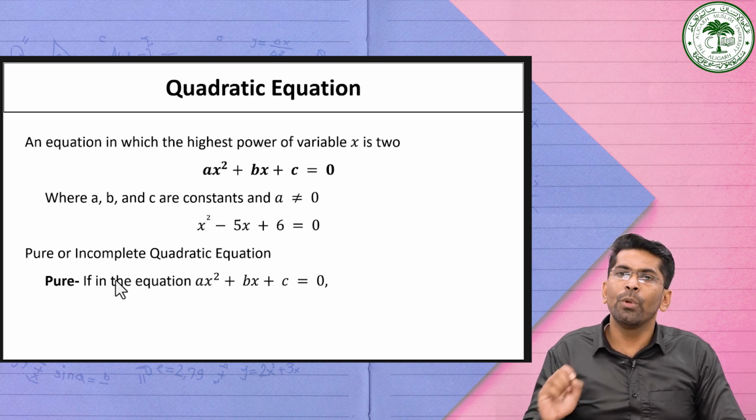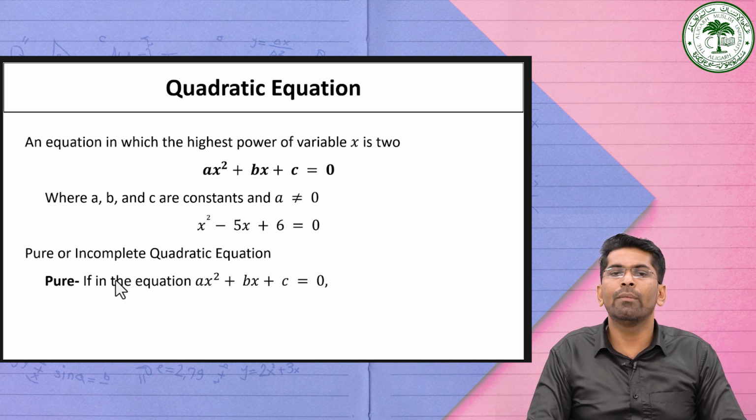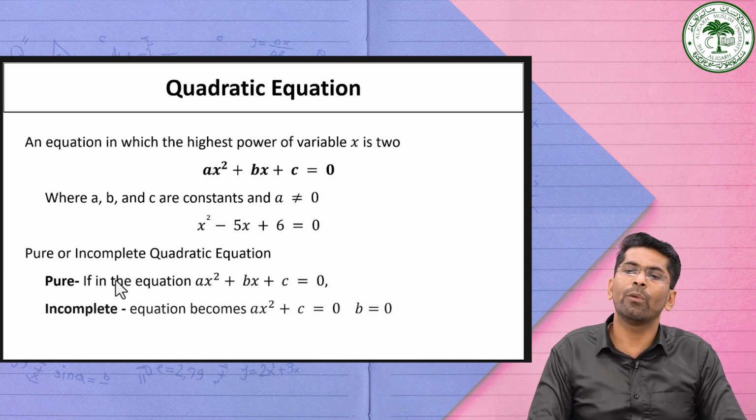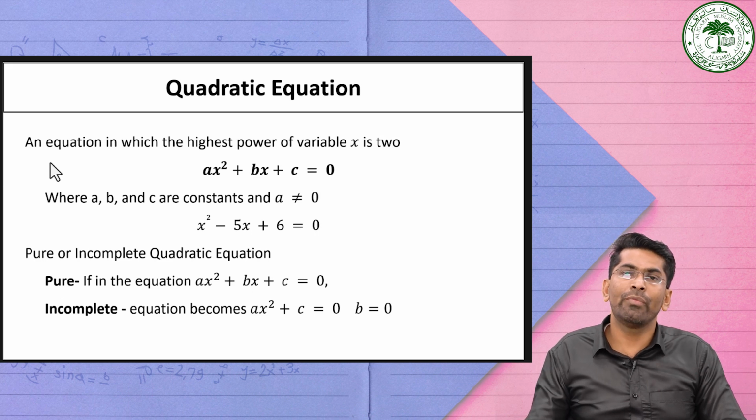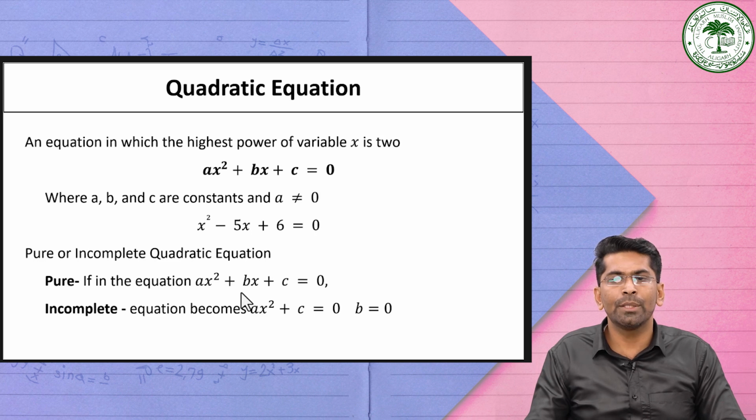As against the pure quadratic equation, we have the incomplete quadratic equation as well. See, in this case, it is a special case of a quadratic equation where the coefficient of the linear term, so the linear term here is bx, the coefficient b is 0. So this bx term will entirely become 0.